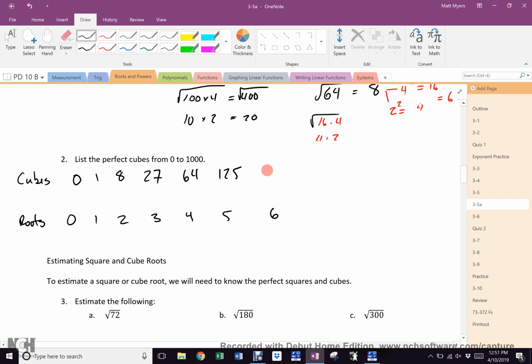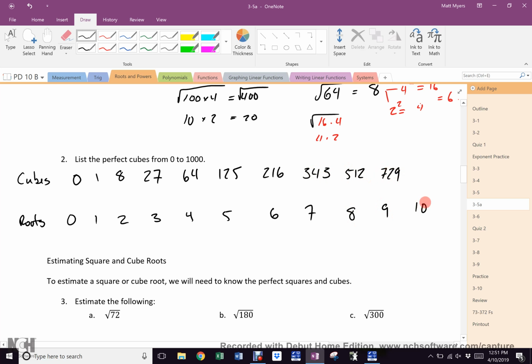Now we're in a bit of trouble. 216. 7 cubed? 343. 8 cubed? 512. 9 cubed? 729.